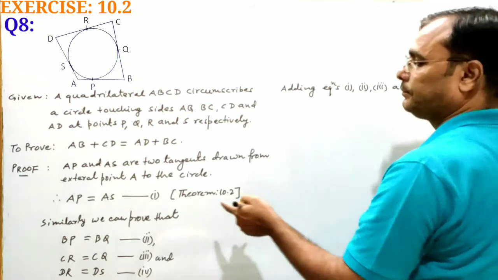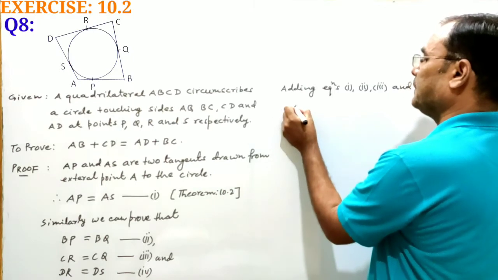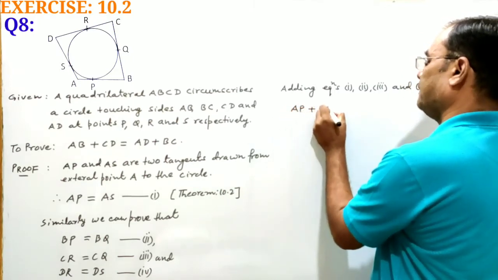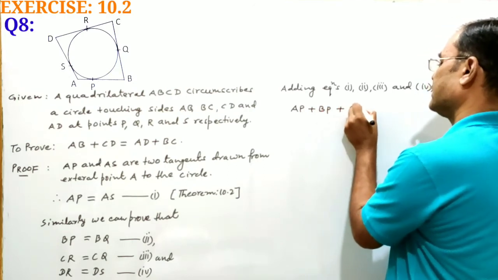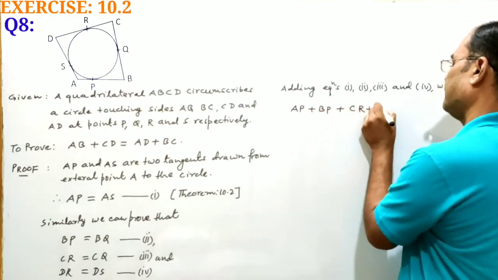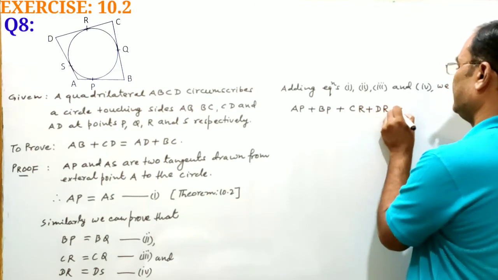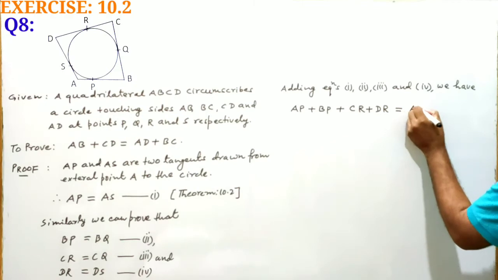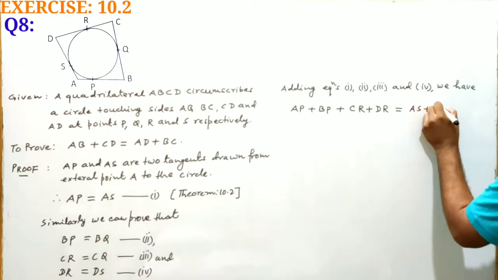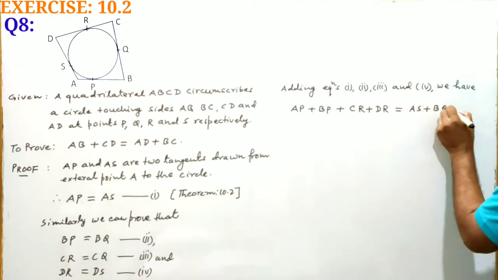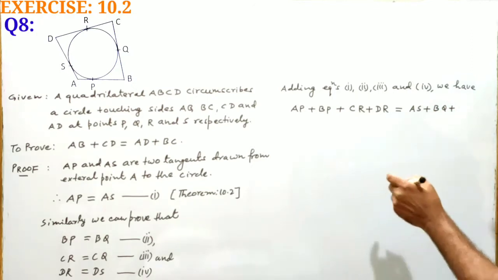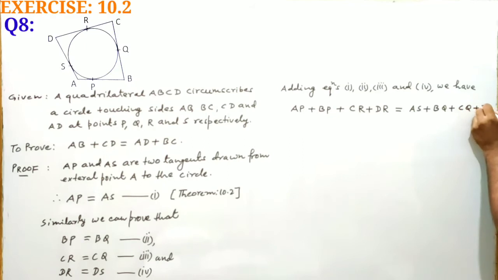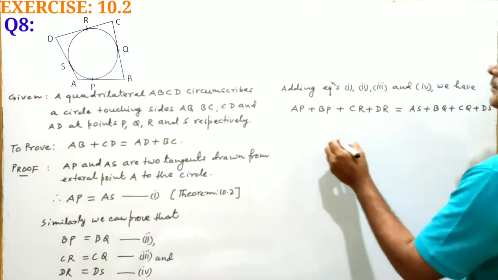we have AP plus BP plus CR plus DR equal to AS plus BQ plus CQ plus DS.